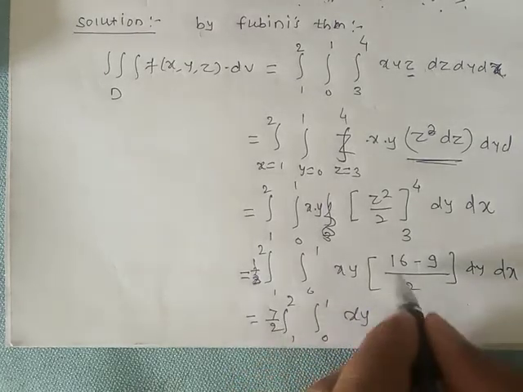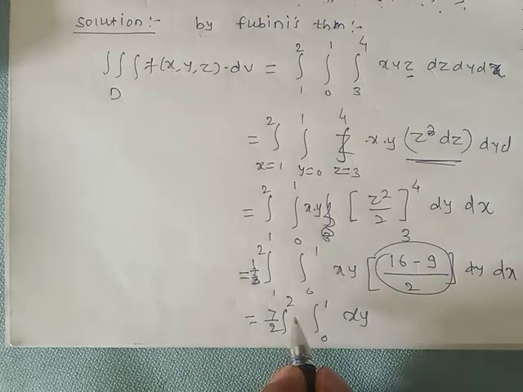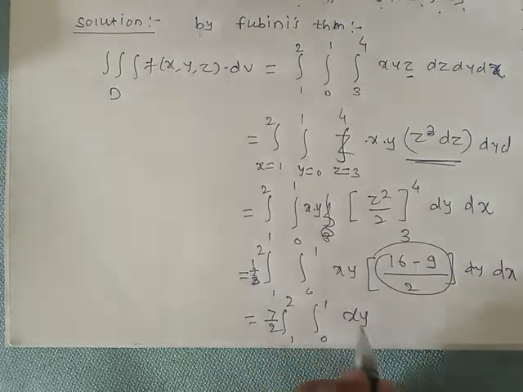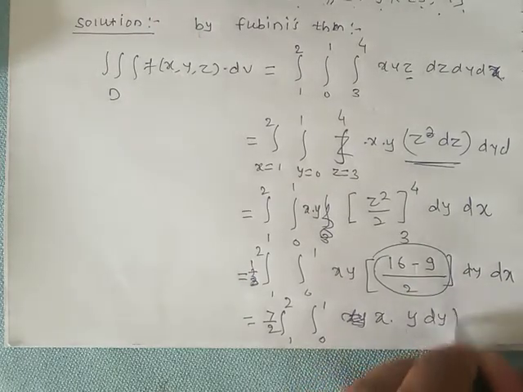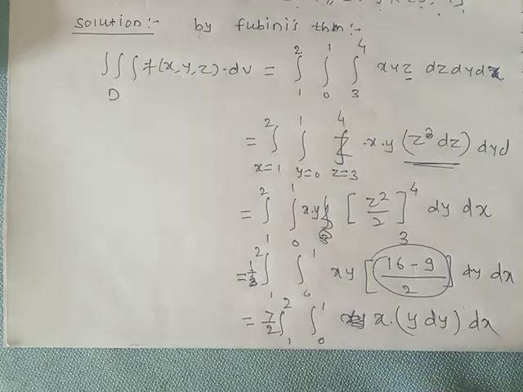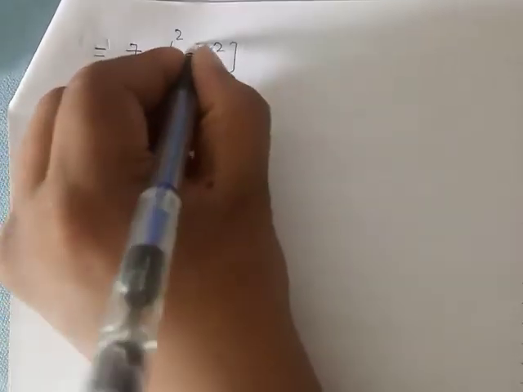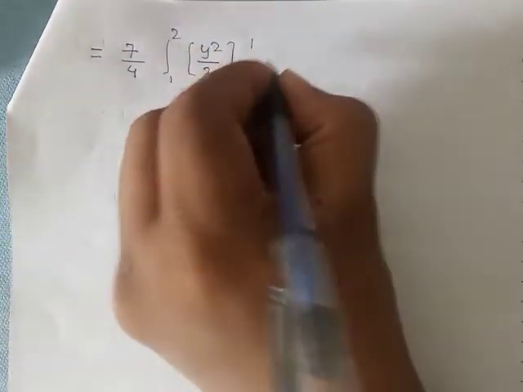which is equal to the integration 1 to 2, integration 0 to 1, xy times 7 by 2. The value of this term is 7 by 2, so take it outside of the integration. Now the integration of y with respect to y is y square by 2, limits from 0 to 1.